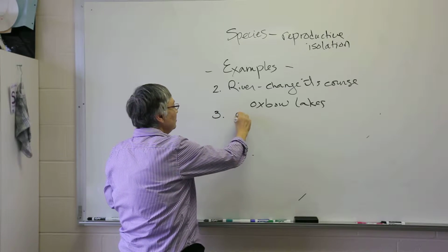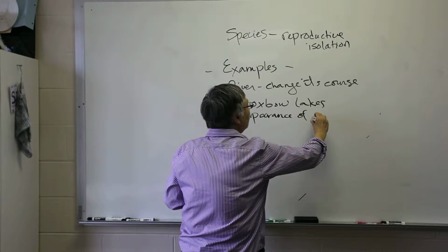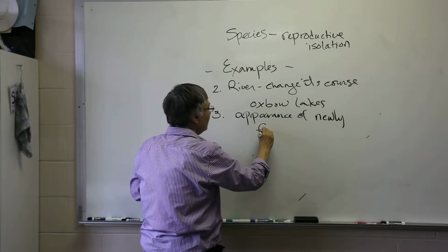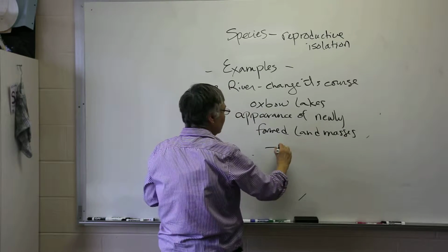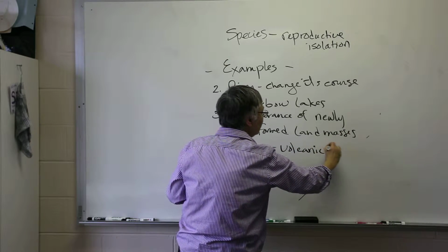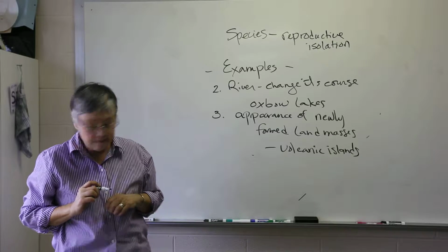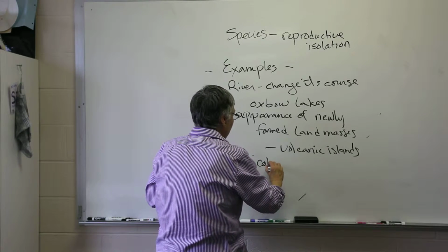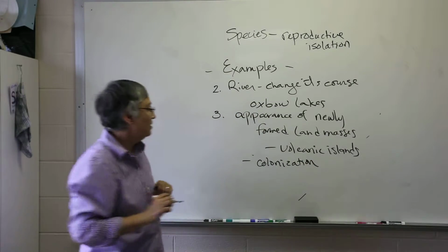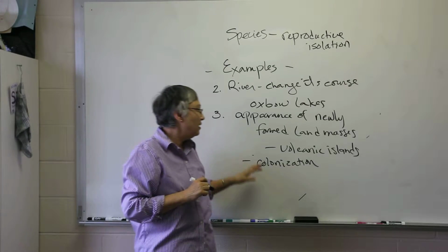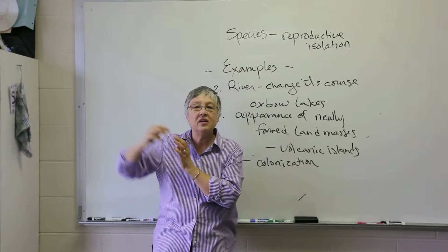A third example is where we have the appearance of newly formed land masses. In this case, let's talk about volcanic islands that appear in the ocean. Colonization of those islands from a few individuals from the mainland, so they were part of a larger population that lived along the coast.